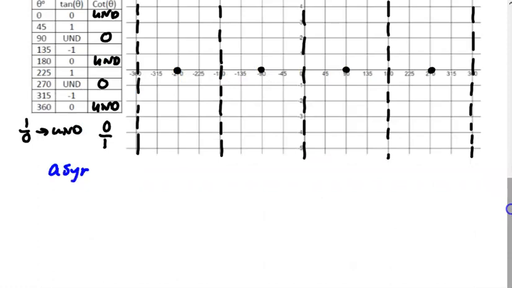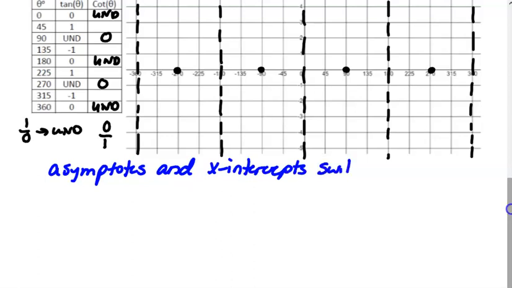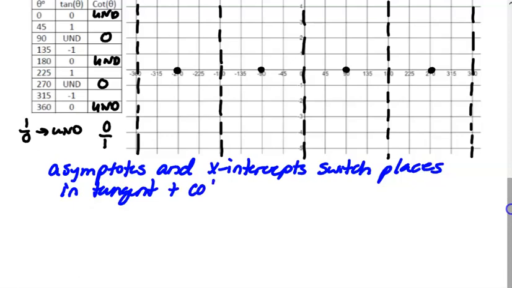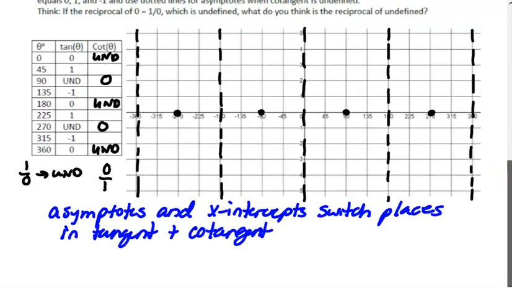So asymptotes, and we'll call those x-intercepts, switch places in tangent and cotangent. So they switch places, but there are some points that stay the same.